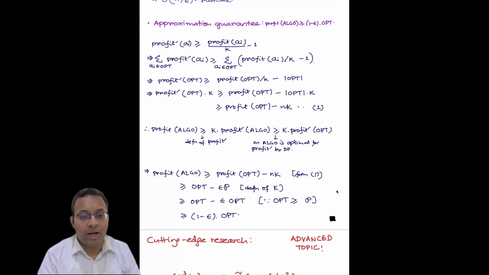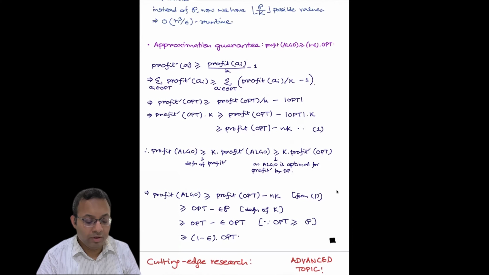So if we just take that item, we already get some profit, so opt can only be larger than or equal to that value. So we can write this, and that gives us 1 minus epsilon times opt. So this shows that for this problem, we can get a 1 minus epsilon opt approximation in runtime n cube by epsilon. So if I take epsilon as, let's say, 1 by 1000, the runtime becomes 1000 times n cube.